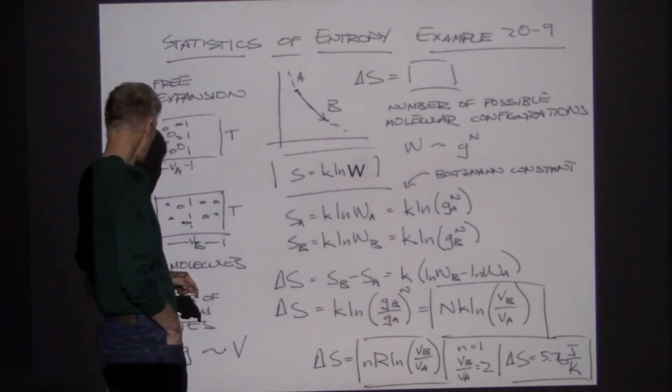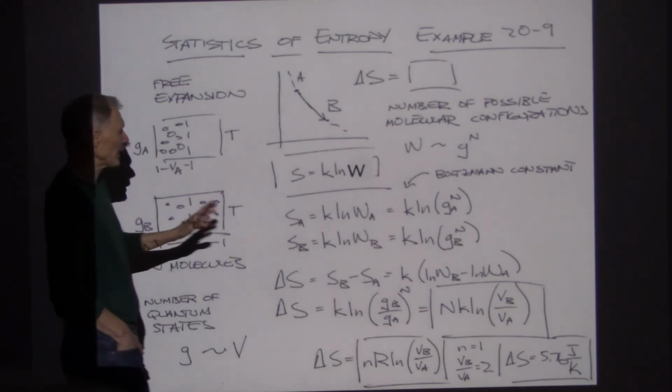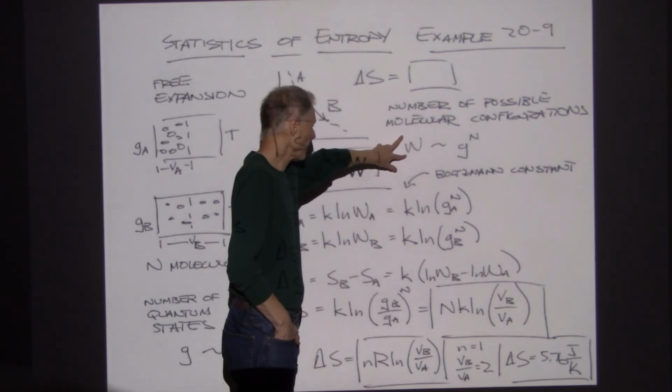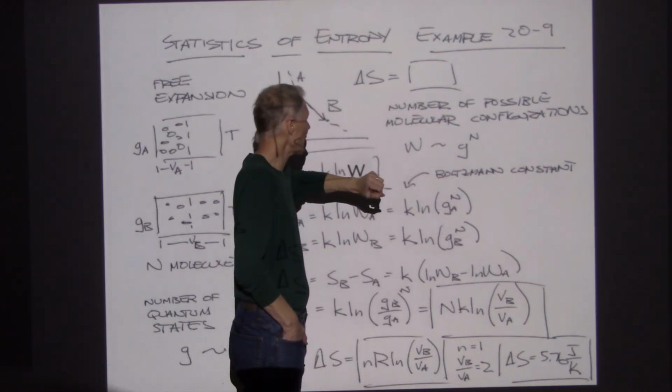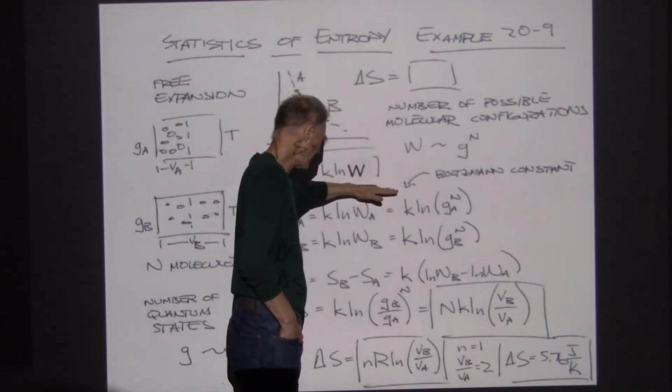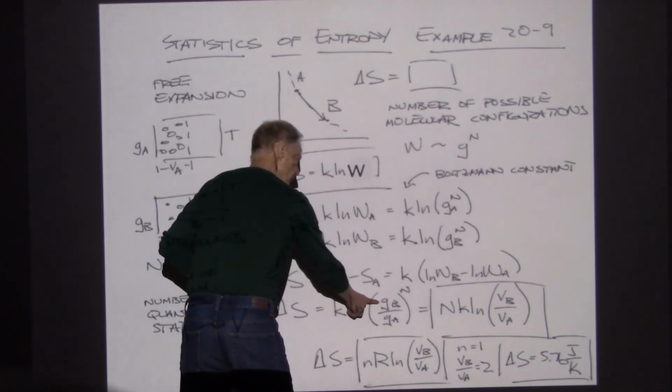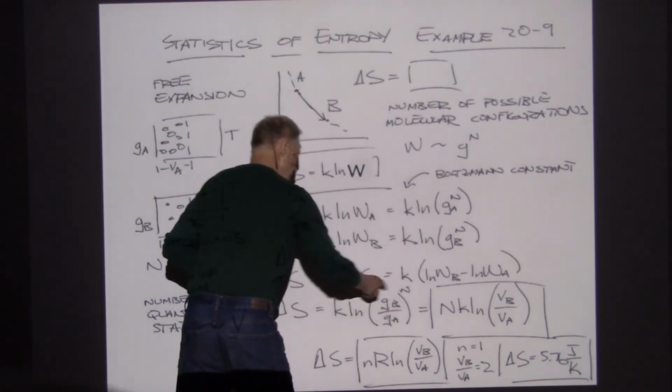Now if I take the ratio, W_B divided by W_A, that's going to be given by G_B over G_A to the n power.